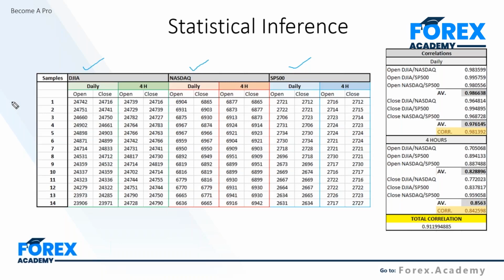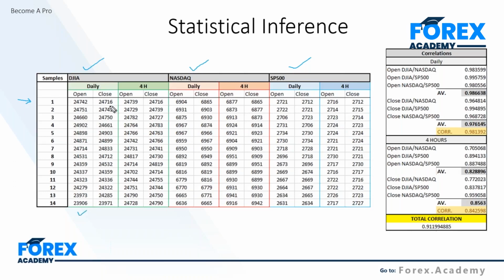So what does this table tell us before looking at the correlations? We've taken 14 samples here. Each sample is just 1 candlestick. We're using the daily candlesticks first of all. We take the sample from the open price of these 14 days and the close price of these 14 days.